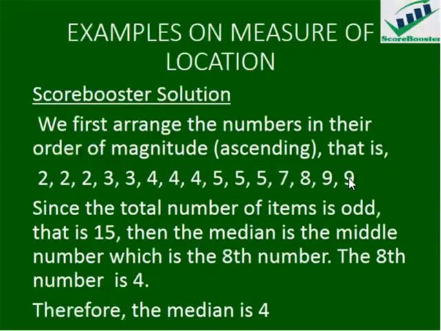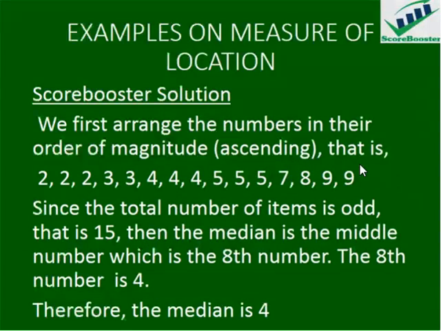It falls here. Counting from the left also: 1, 2, 3, 4, 5, 6, 7, 8. You can see that it falls on a single number. So the median here, which is the middle number, is 4. Therefore, the median of these numbers is 4. That is the middle number.